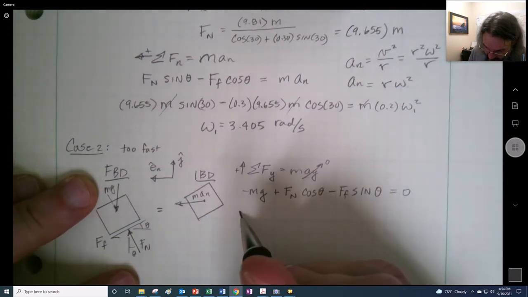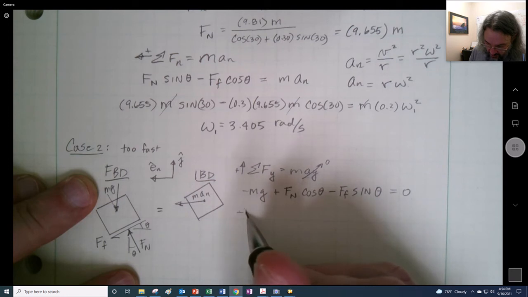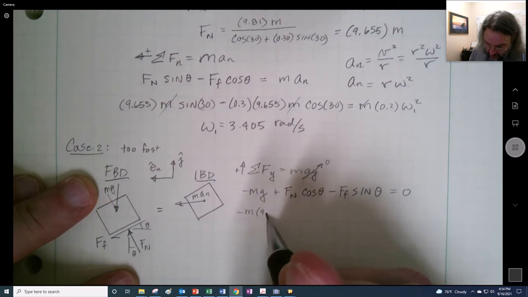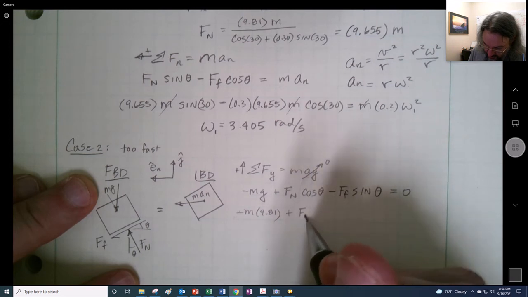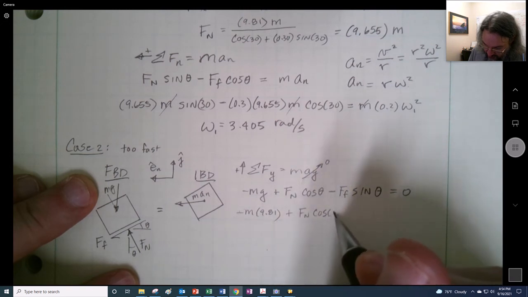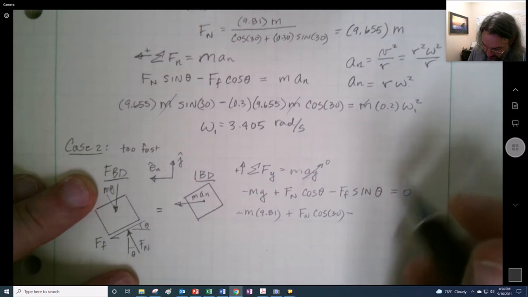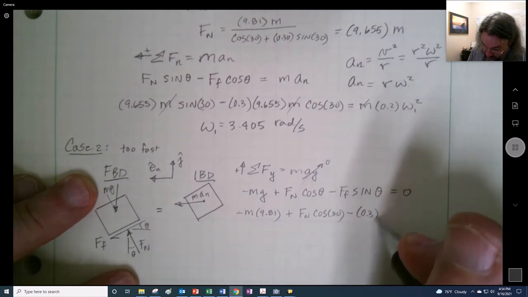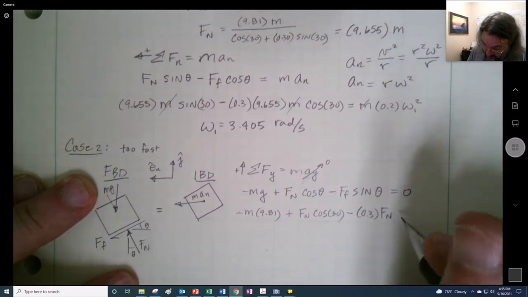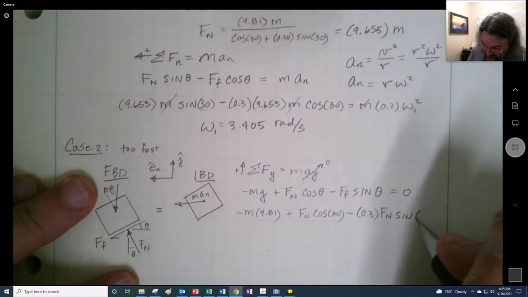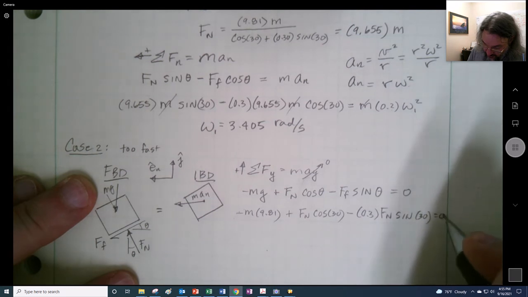So just as before, negative m times 9.81 plus Fn cosine 30 degrees minus 0.3 times Fn, where I substituted that mu s in there, times the sine of 30 degrees, equal to 0.